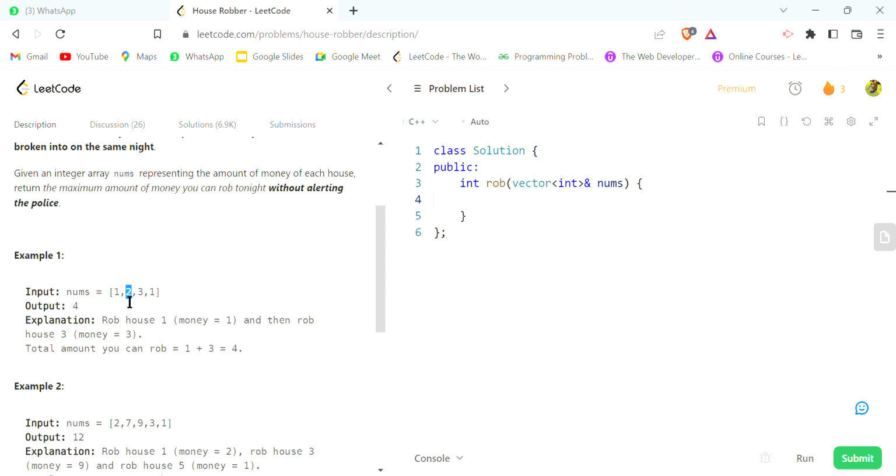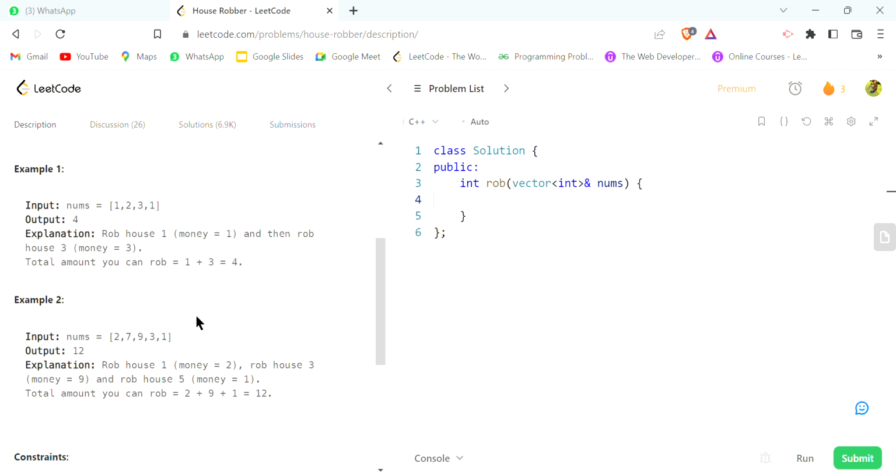That means if you break into the zeroth house, you can't rob the first index house. Similarly, if you break into the first index element, then you can't rob the zeroth and the second element. So this is the constraint. I hope you understand well.